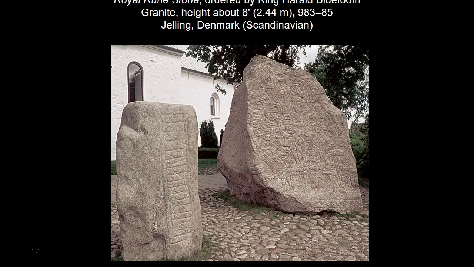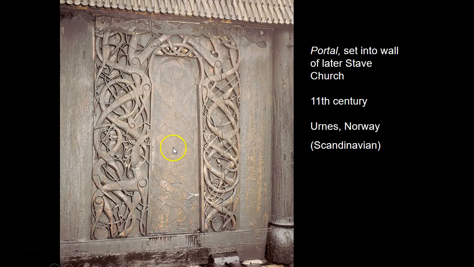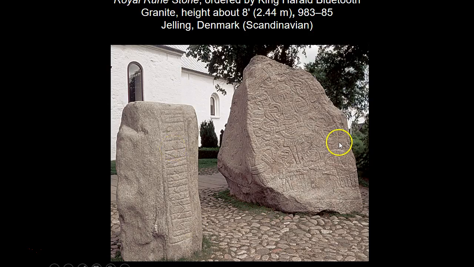We also see interlacings on another art form in the Norse or Scandinavian world, which are rune stones. So rune stones are stones that are covered in runes, the Old Norse lettering. And there's a particular grouping of them in Jelling in Denmark that were commissioned by Harald Bluetooth, the then king of Denmark.